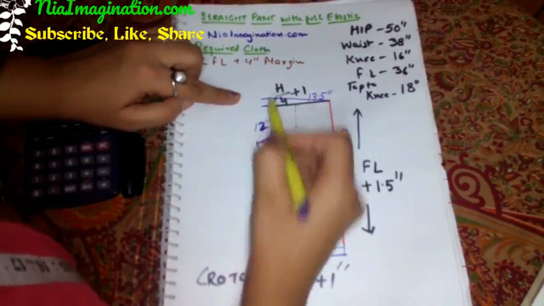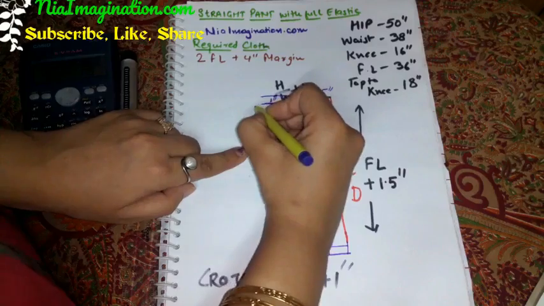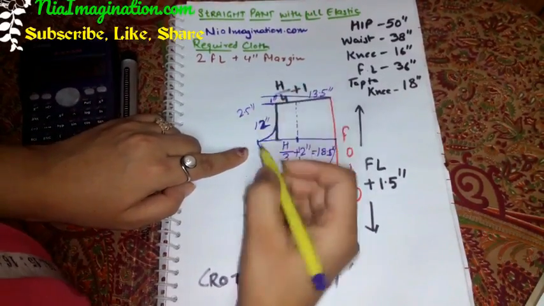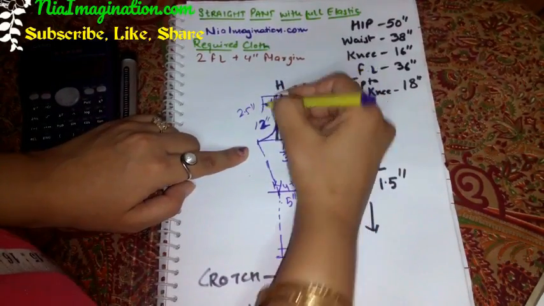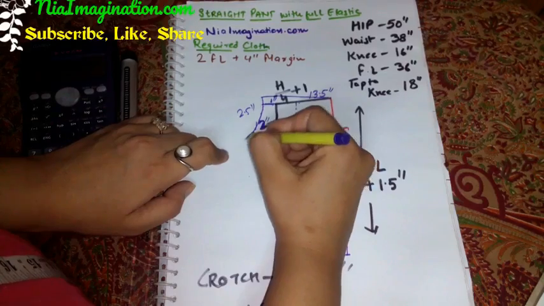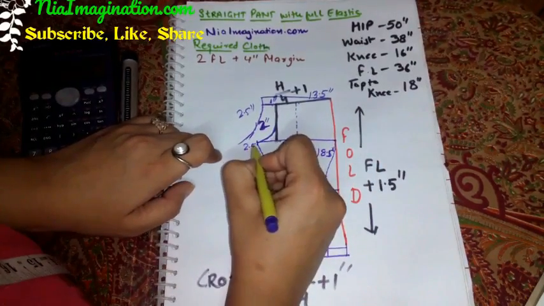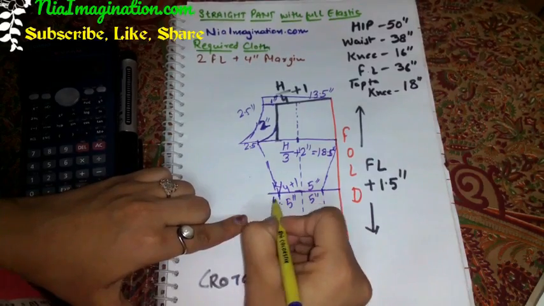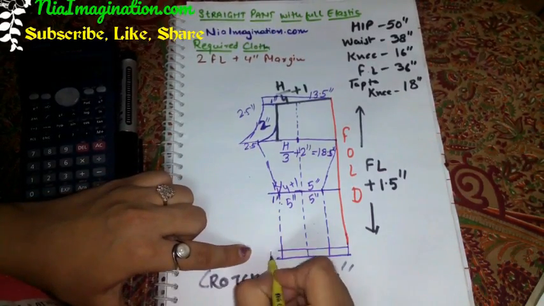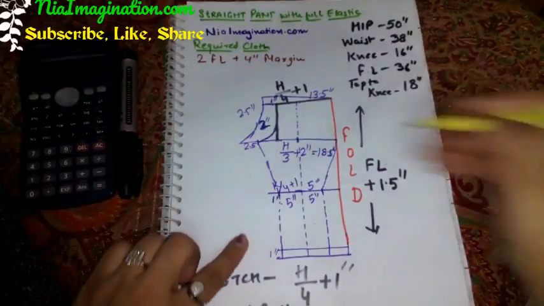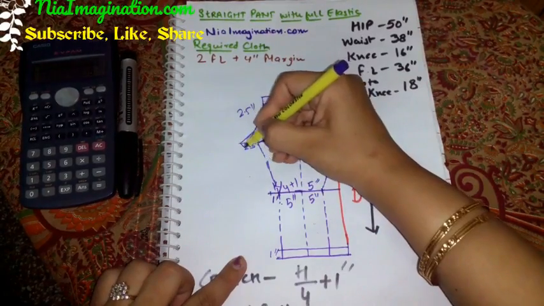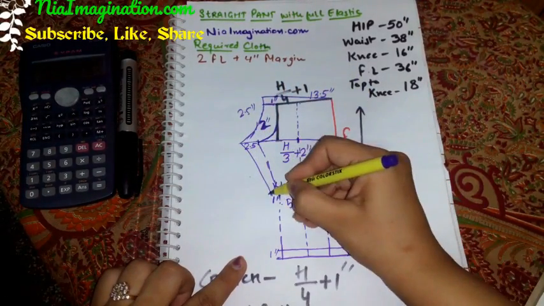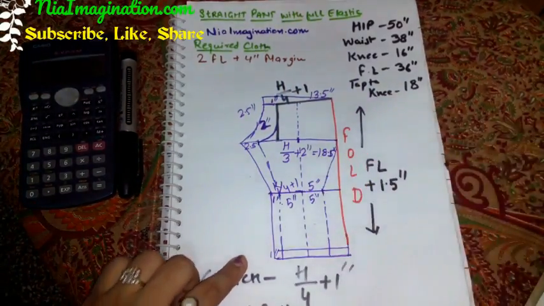You are taking this 1 inch more toward the crotch part, and here as well you are going to take 2.5 inch more toward all sides of this crotch part. Till here you are taking 2.5 inches. Now from the knee part you are taking 1 inch, and on the bottom as well you are taking 1 inch extra margin. So join this 1 inch with this crotch part 2.5, then come straight down.